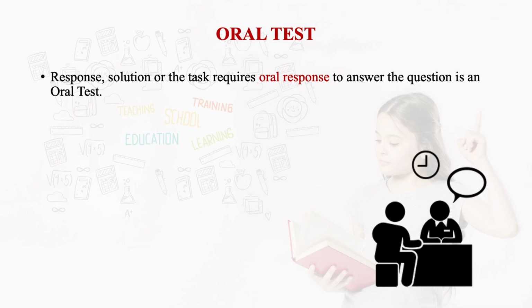Friends, when the response or the task requires an oral response to answer the question, it is an oral test. Many a time we involve in interactions, so we provide our oral response to the teacher to answer the question, just like in an interview. If the board asks you a certain question, then you have to answer it.